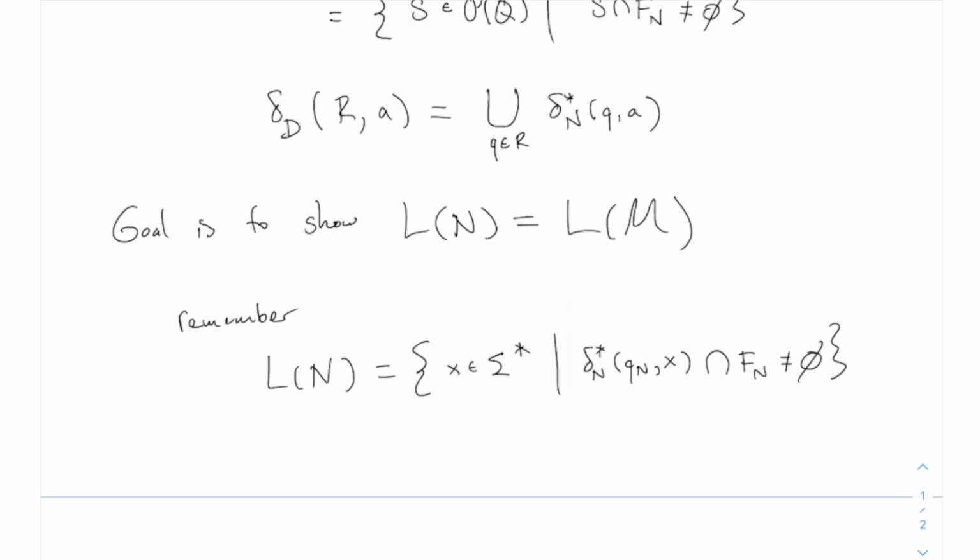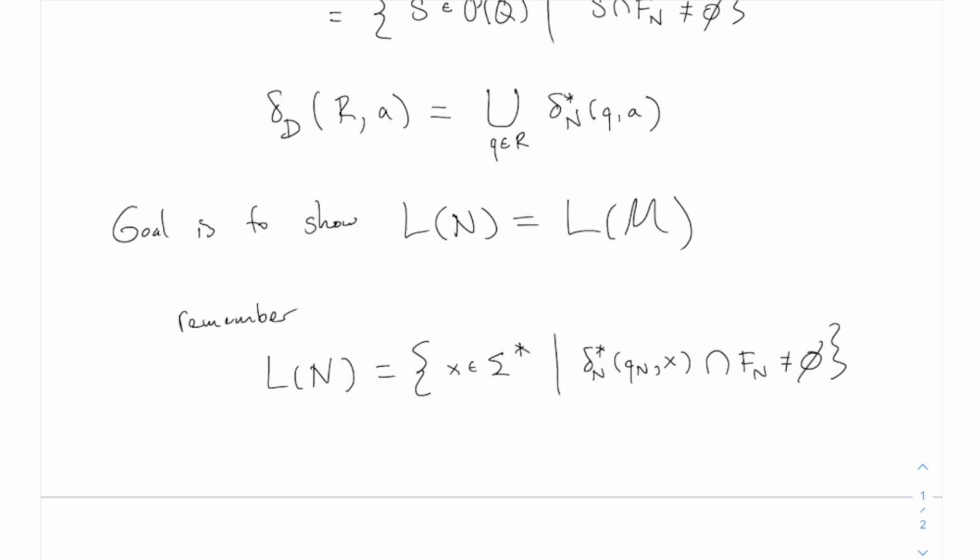And what about L of, yeah, question? So in the delta, I'm just wondering, is the capital R the states in the DFA? Yeah, so this R represents one of the DFA states, which itself is a set. It's a subset, right?